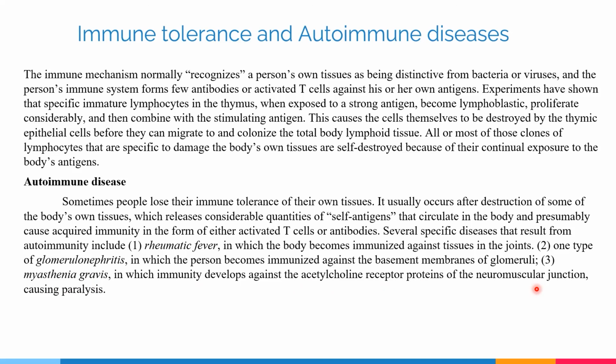This happens during myasthenia gravis, in which our immune system starts attacking acetylcholine channels present in our neuromuscular junctions. Once these acetylcholine channels are inactivated, even though there is a signal from the presynaptic neuron, the muscle cannot respond to the acetylcholine signal and thus cannot contract, and hence myasthenia gravis causes paralysis.